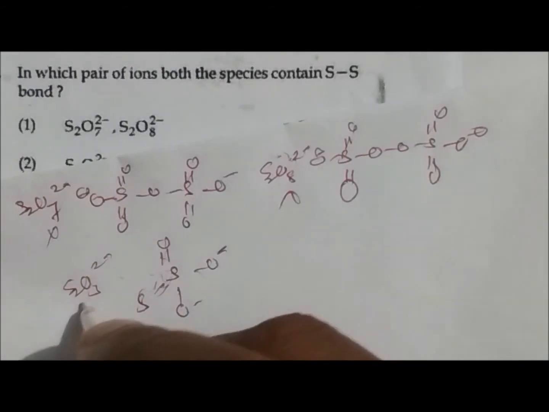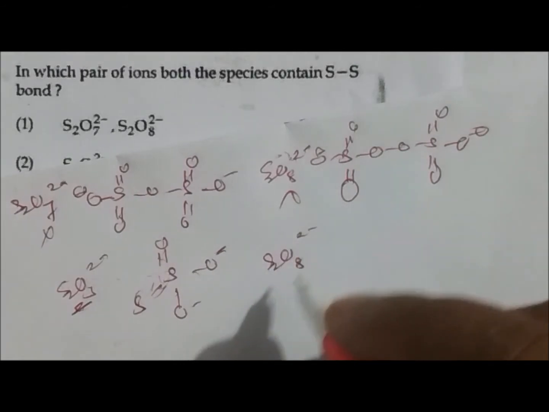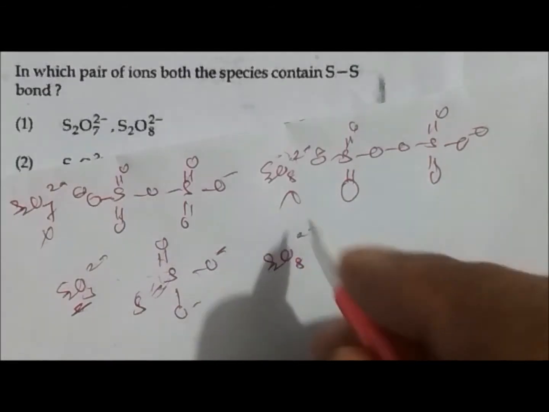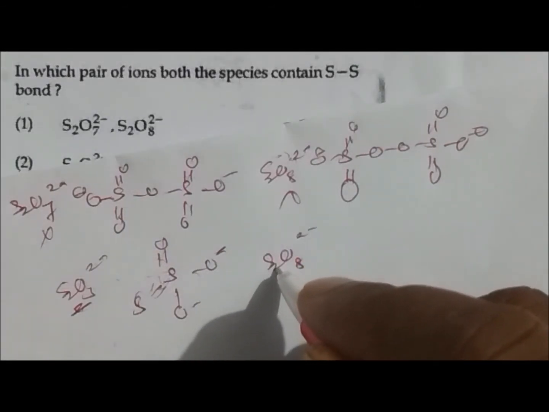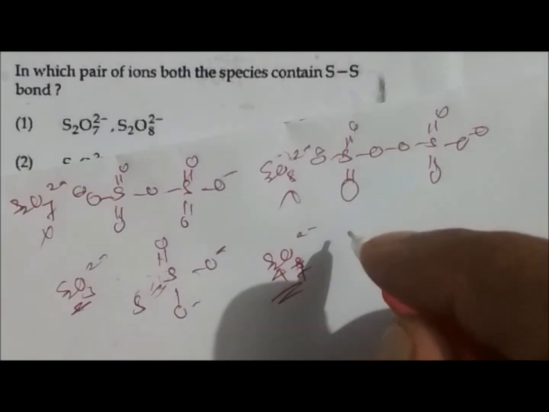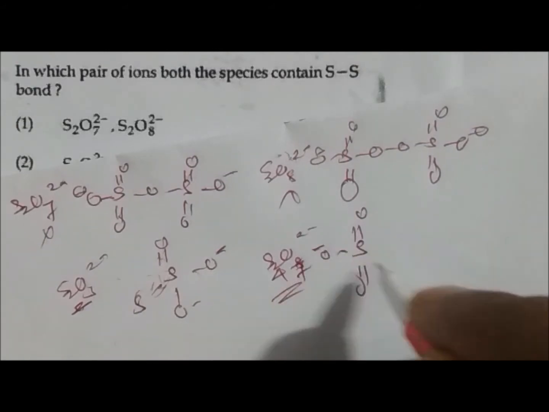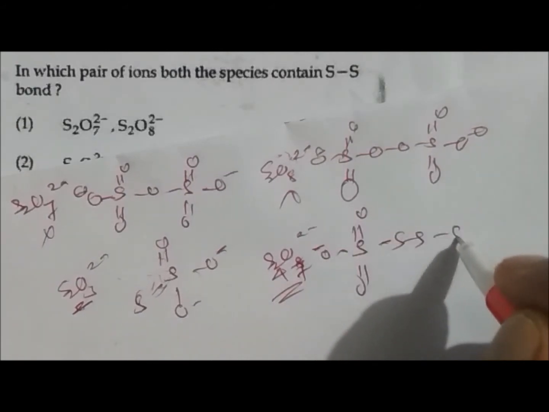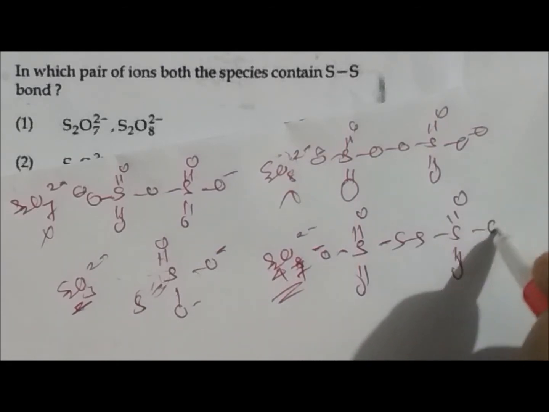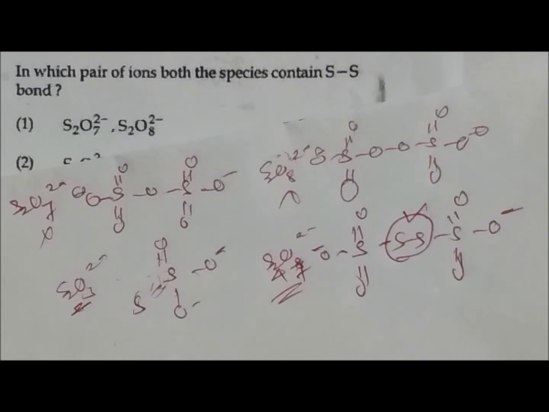So this is your S2O3, and next is your S2O8 2 negative. Then S4O6 2 negative. We can write sulfur, oxygen, sulfur, and the same, and this sulfur, oxygen, O negative. So we can see in this case one sulfur bond is there.